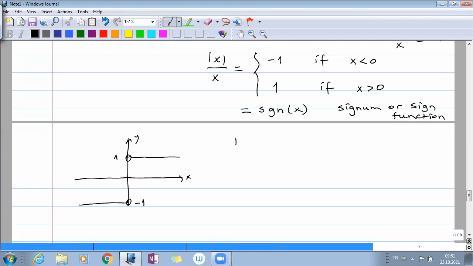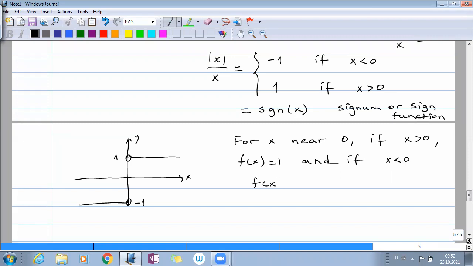So for x near 0, if x is greater than 0, f of x is constant 1, and if x is less than 0, f of x is constant -1. So there is no fixed value that the function values approach. On one side it is +1, on the other side it is -1.